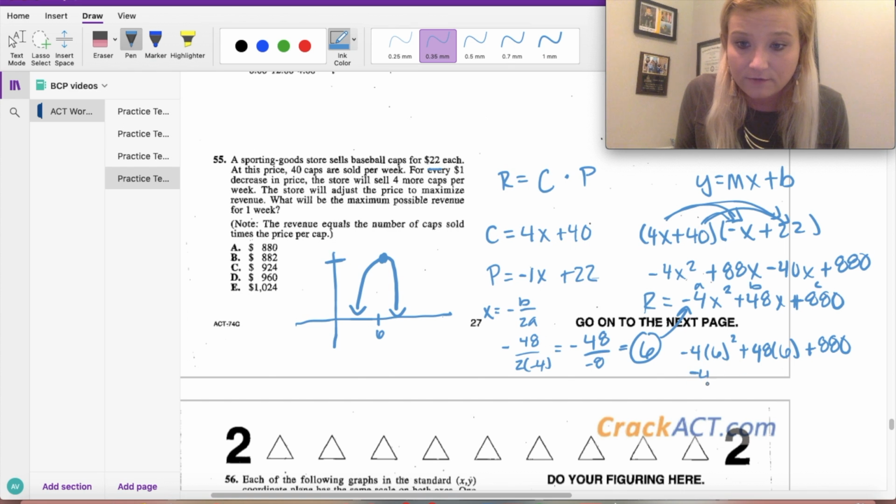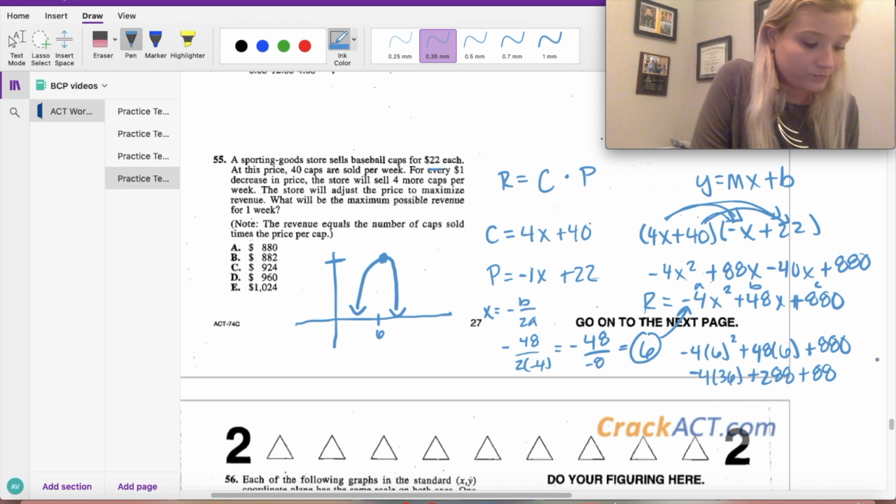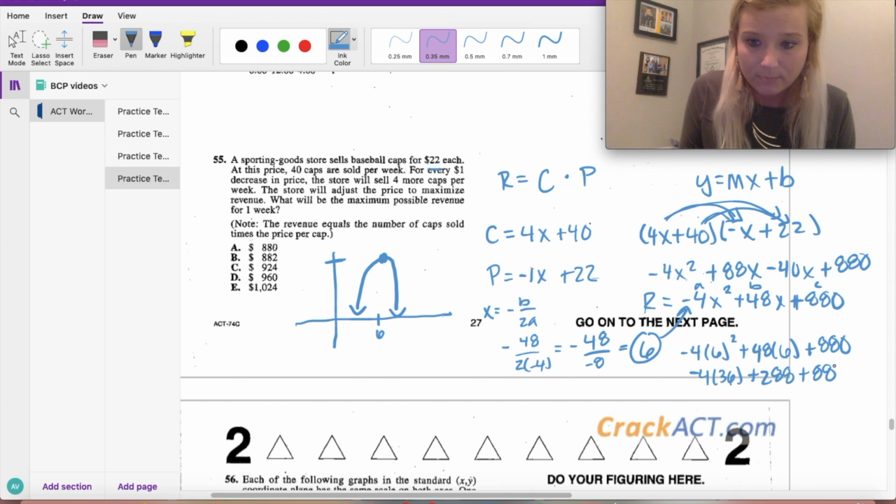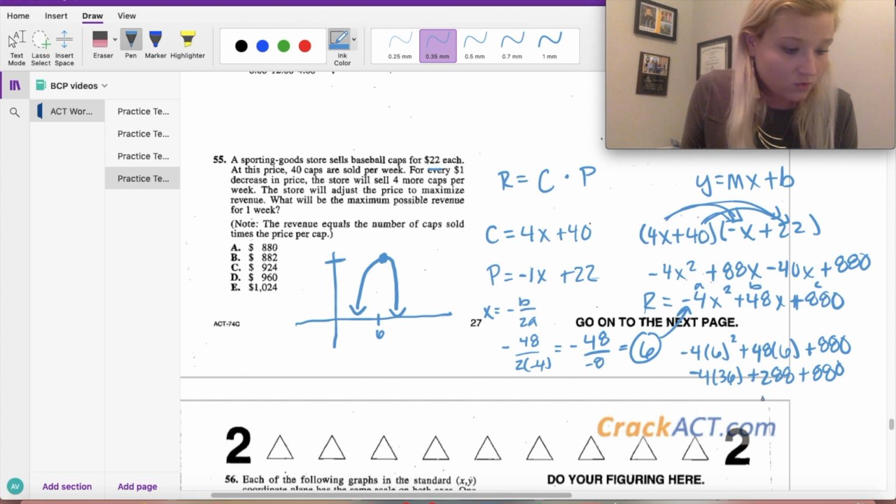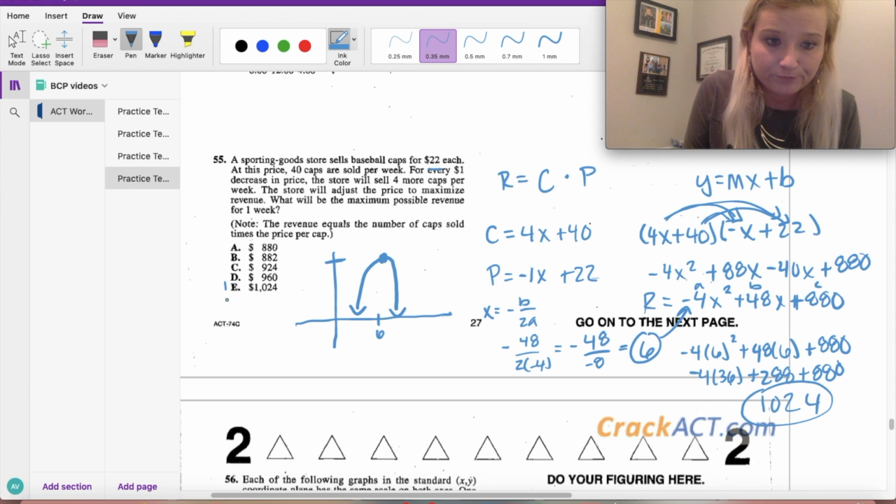That's negative 4 times 36 plus 288 plus 880. We add all of that up, and we get 1,024, which is E.